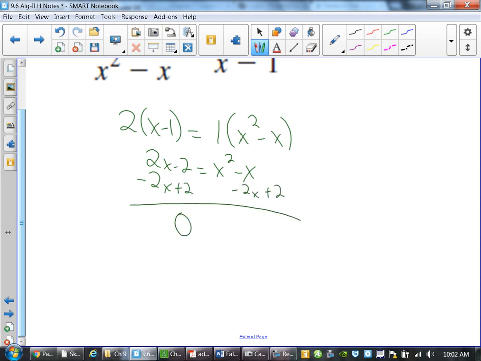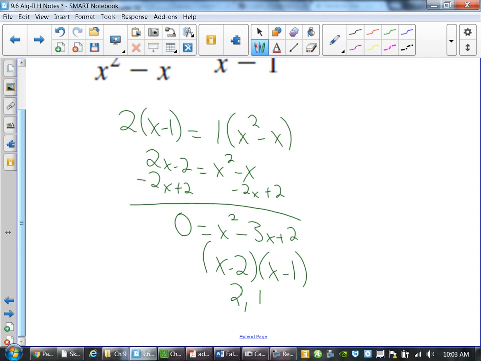I get 0 is x squared minus 3x plus 2. Why is it plus? Negative 2 times negative 1. Very good. So I have x minus 2 and x minus 1, which gives me zeros at 2 and 1.